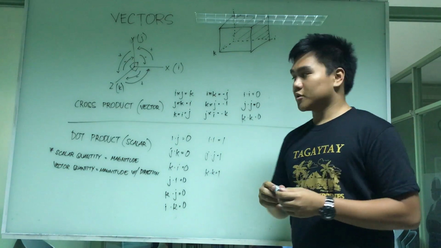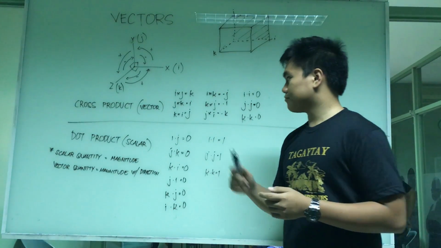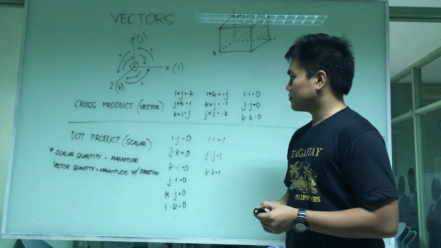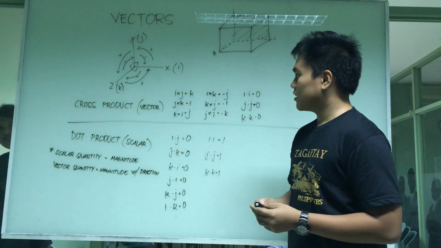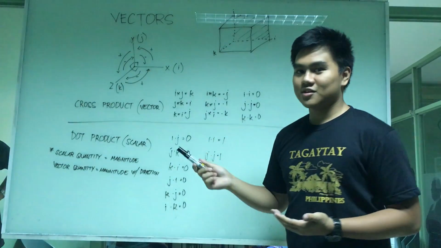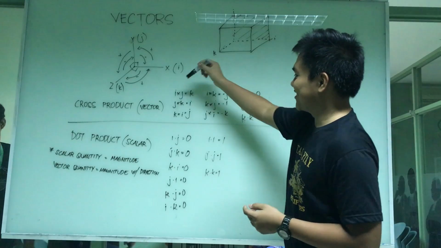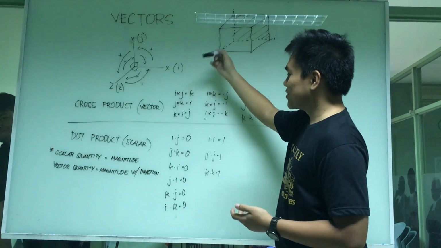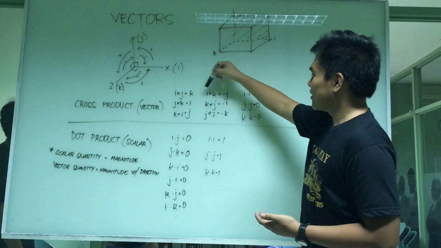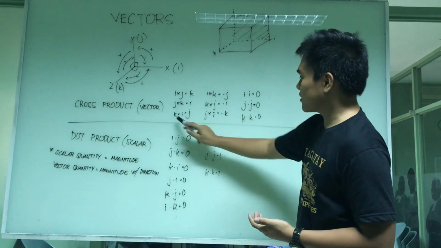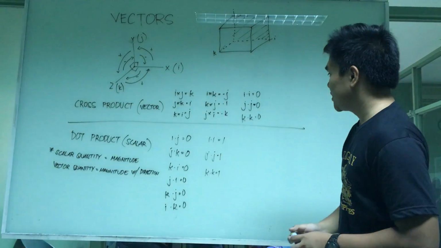It is always important to take note of the direction of how we get our products, because since it's a vector quantity, direction always matters. So i cross j will always be k, while i cross k will be negative j, but k cross i will be positive j.